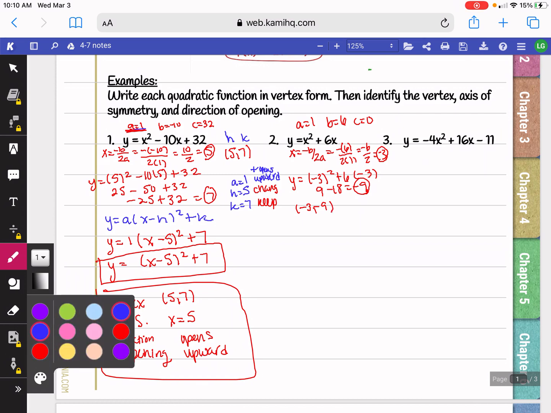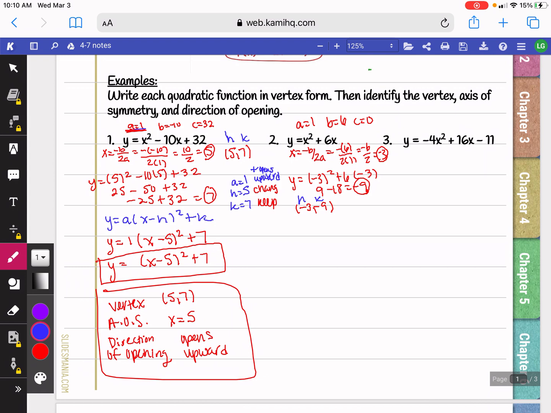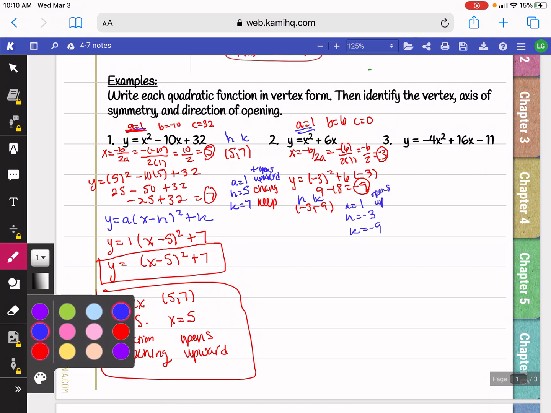So now I know my h and my k, and we already knew our a from earlier. So my a is 1, my h is -3, my k is -9. Since my a is a +1, I already know it's going to open upward. Now we're going to plug this into the formula for vertex form.